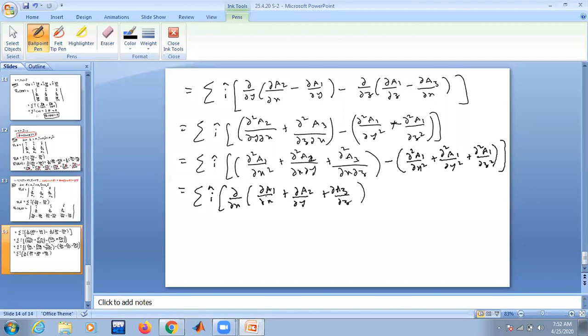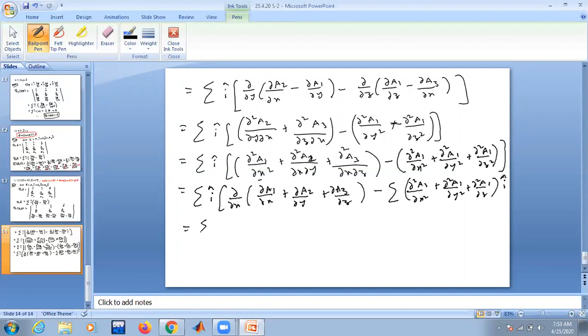See, dou by dou x of dou a1 by dou x is dou square a1 by dou x square, then dou square a2 by dou x dou y, dou square a3 by dou x dou z. Okay, minus summation of dou square a1 by dou x square plus dou square a1 by dou y square plus dou square a1 by dou z square. This has to be multiplied with I bar.